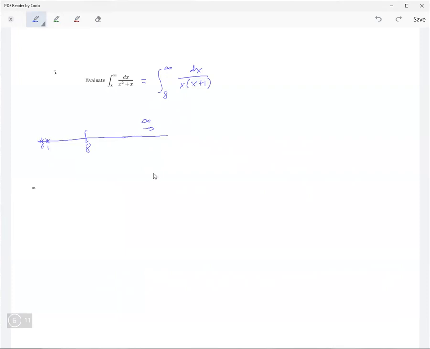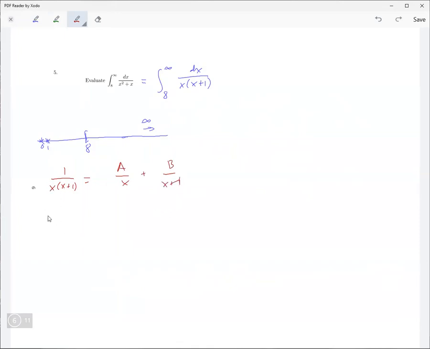Okay. So it's not type 2. It's only type 1. Okay, so this one calls for partial fractions. Like that.